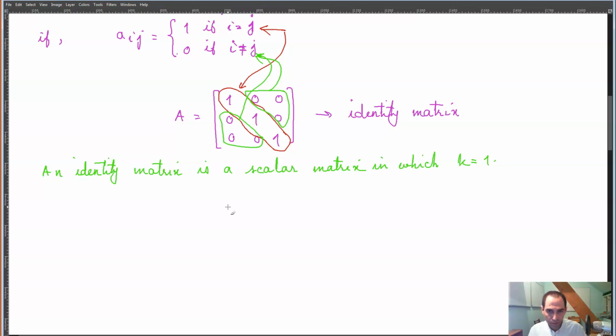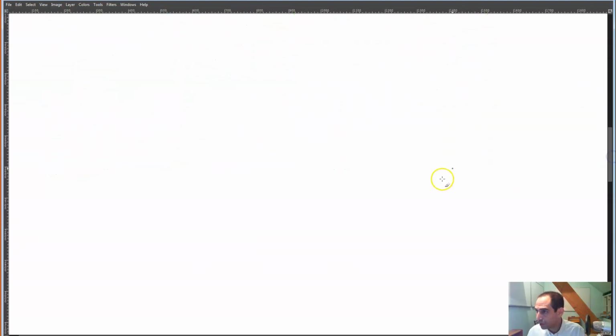So all of them are automatically scalar matrices, but only the scalar matrices in which k is equal to 1 become identity matrices, right? That is all about the identity matrix.